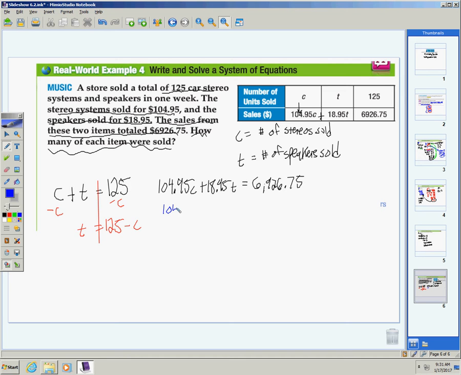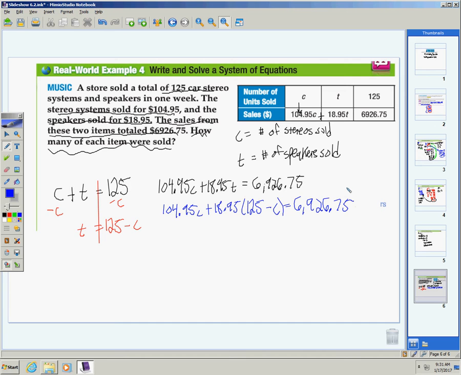$104.95 times C plus $18.95 times (125 minus C) equals $6,926.75. So the first thing I need to do here is distribute.